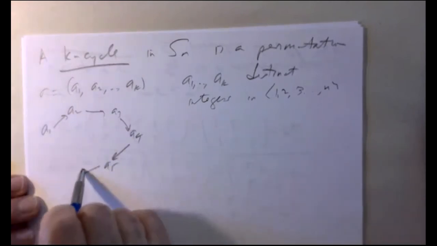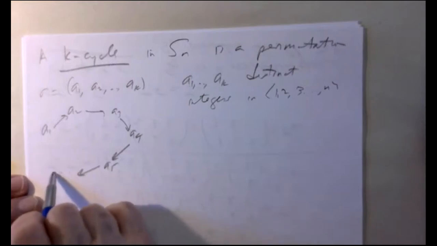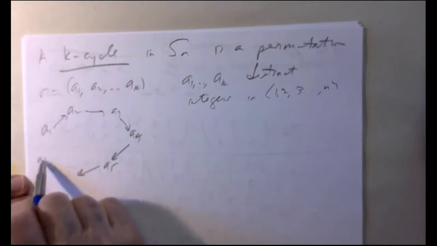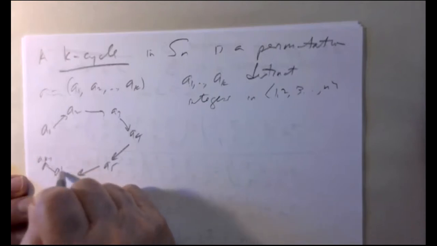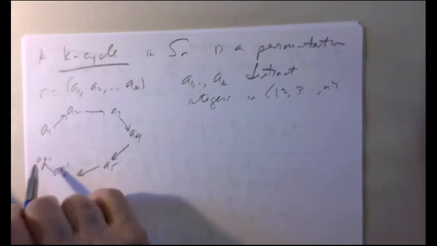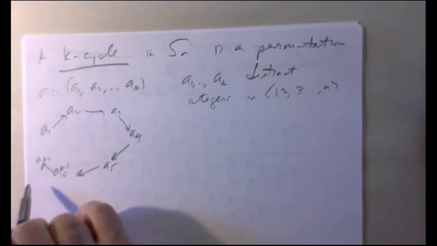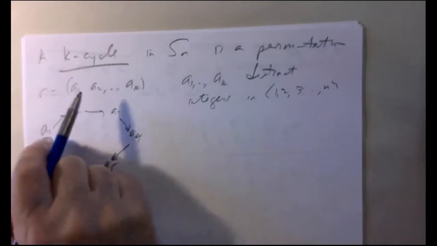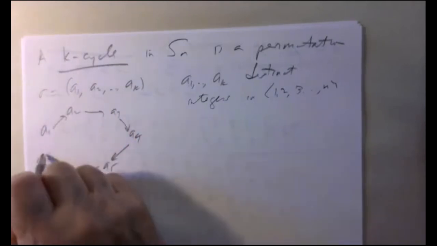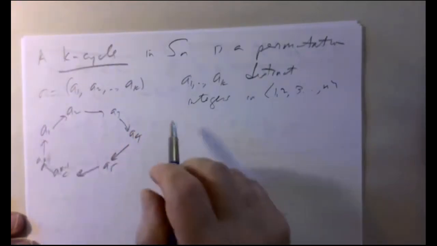You keep going around this kind of circle till you get to a sub k minus 1. a sub k minus 1 goes to a sub k. And ak goes back to a1.